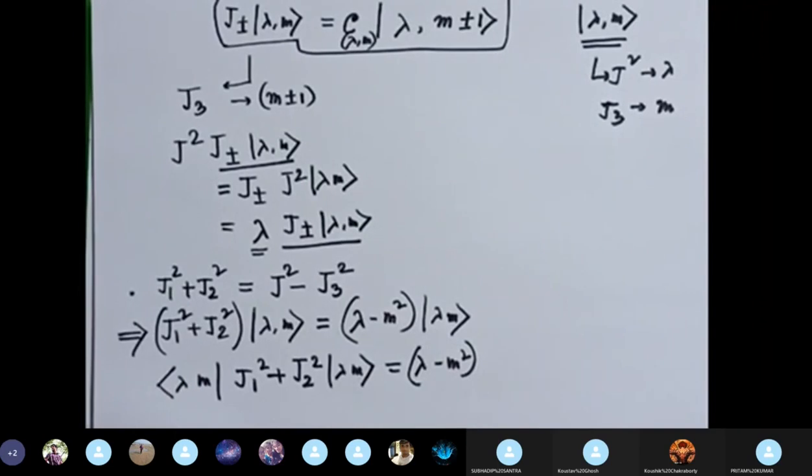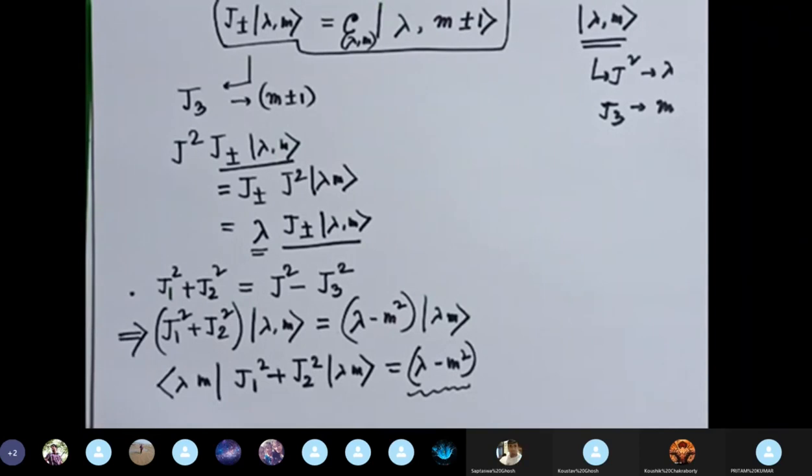Now, let me ask you a question. Can you prove that this object is always positive from this relation?